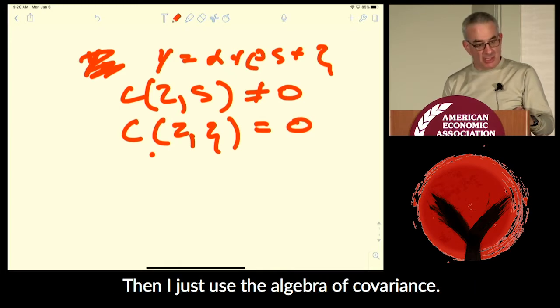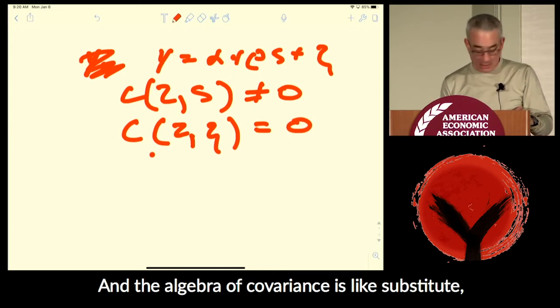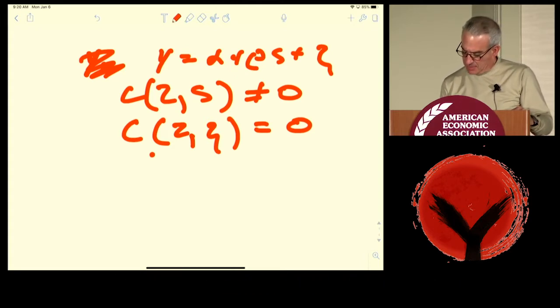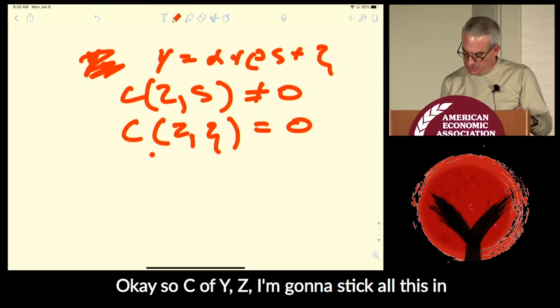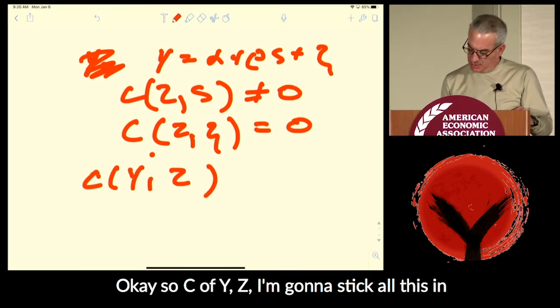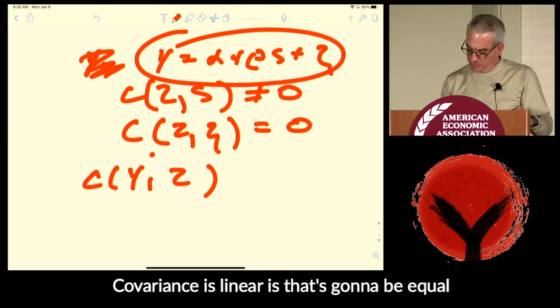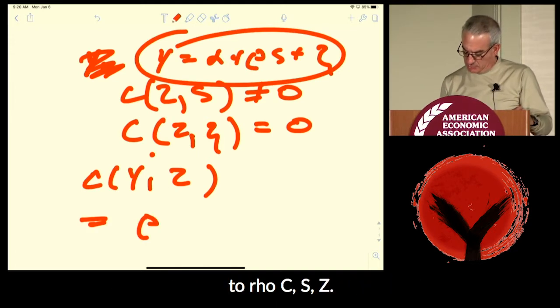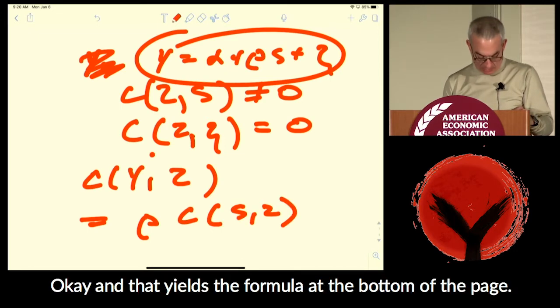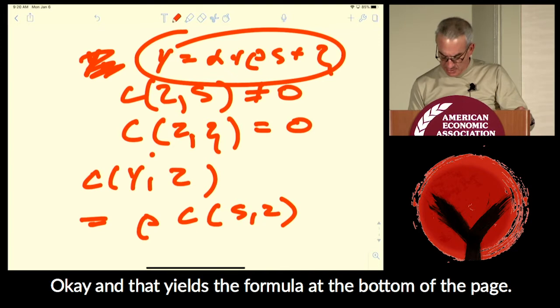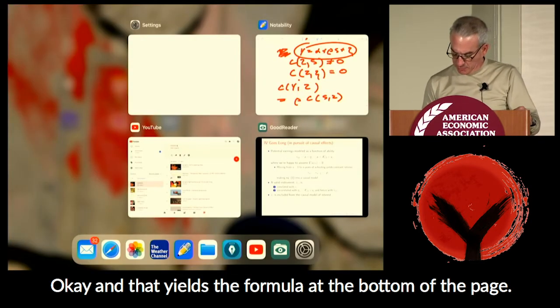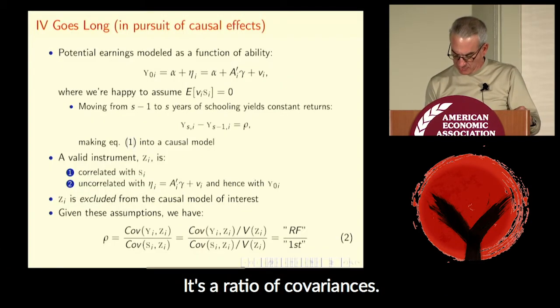Then I just use the algebra of covariance, and the algebra of covariance is why I substitute in y, okay, so C of yz. I'm going to stick all this in, and covariance is linear, so that's going to be equal to rho CSZ. And then I just do the division, okay? And that yields the formula at the bottom of the page. It's a ratio of covariances.